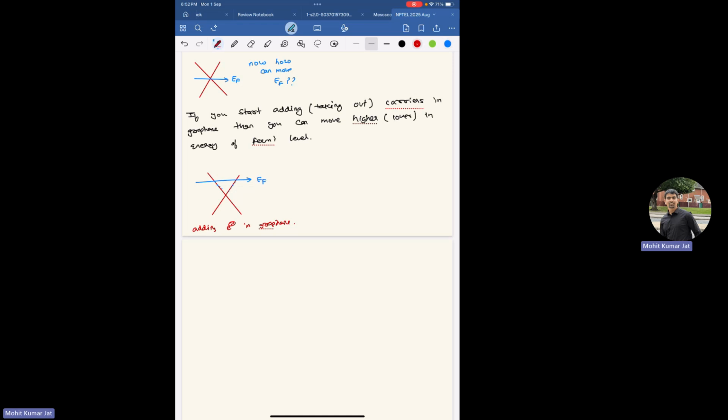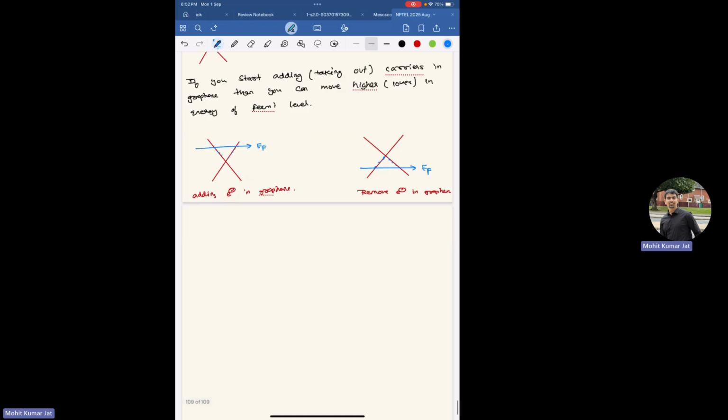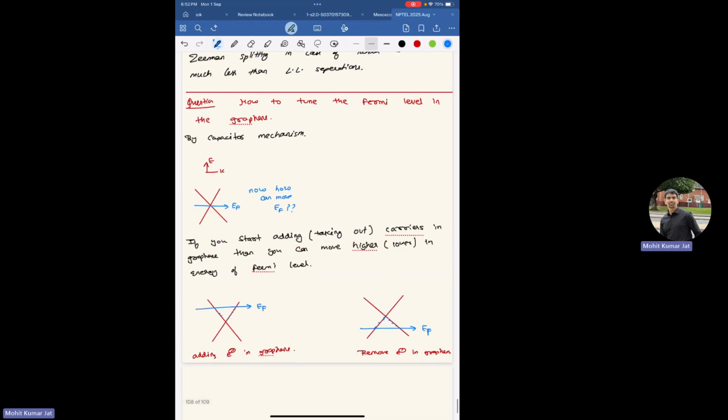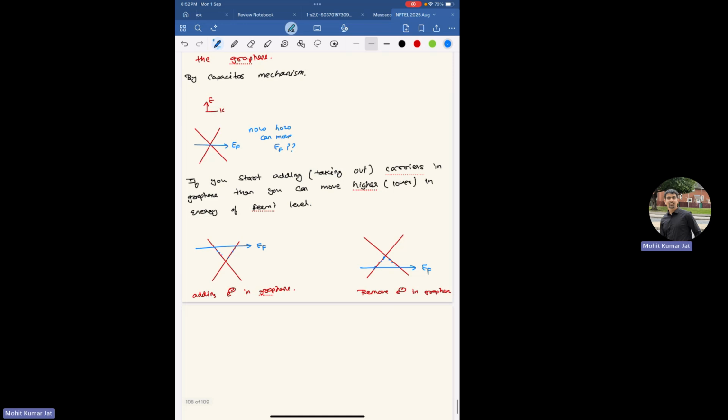If you remove electrons in graphene, what will happen? Your Fermi level will go down because you have taken out the electrons here. So with this way, by adding or removing the electrons, one can move higher or lower in the Fermi energy. Now the point comes, how can you add or remove carriers in graphene?